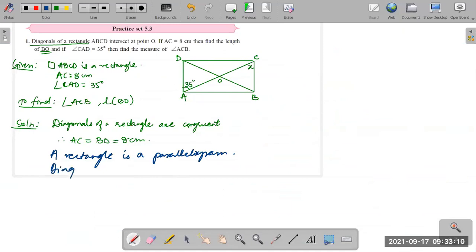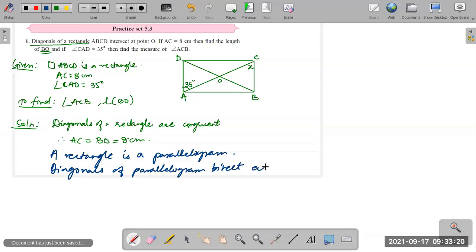Diagonals of a parallelogram bisect each other. So if they bisect each other, then we can say AO is equal to OC and OB is equal to OD.